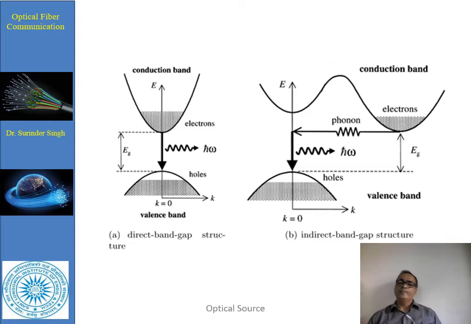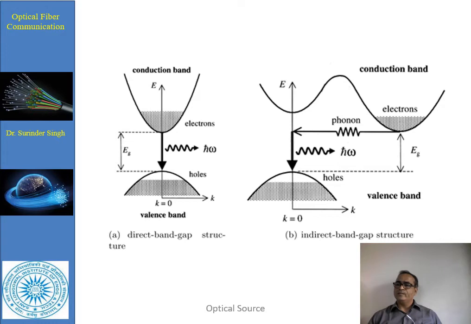Now here, the transition of an electron from the conduction band to the valence band is only possible with an external amount of energy required in order to conserve the momentum. So this amount of phonon energy is required for the recombination of these electrons and holes to take place.